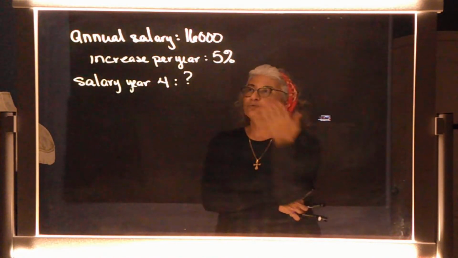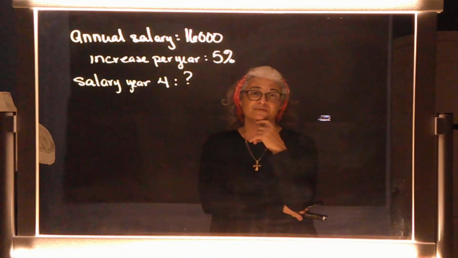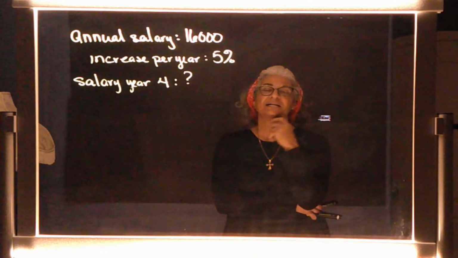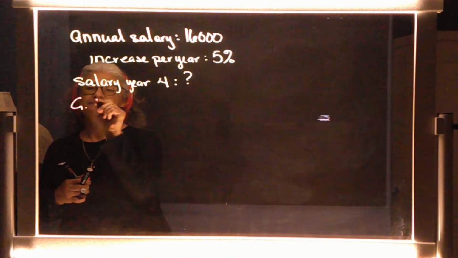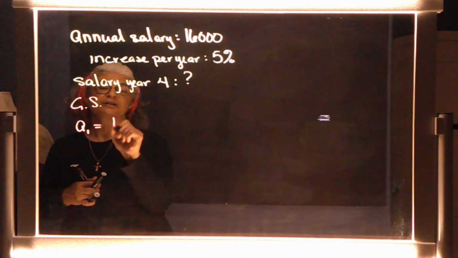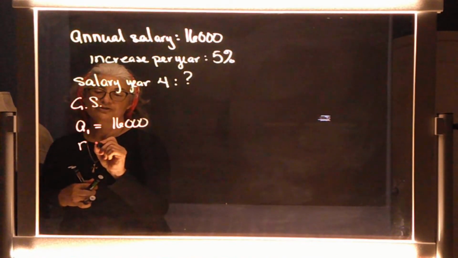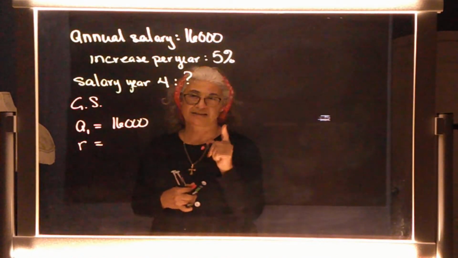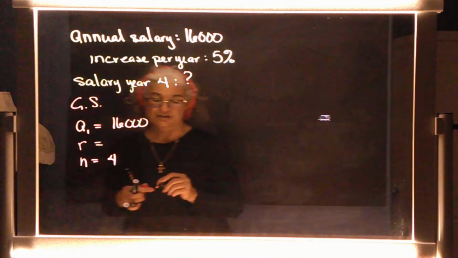So, again, what kind of sequence is this going to be if you're going to multiply to come up with that actual dollar amount? Yeah, this is actually a geometric sequence. Yes, your first term will be the 16,000. And your common ratio, I'll be back to that in a second. And the number of years that you're looking for is 4 years, right?